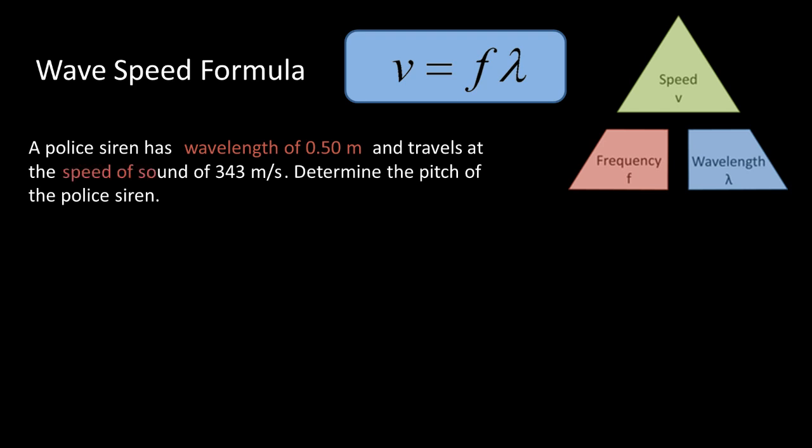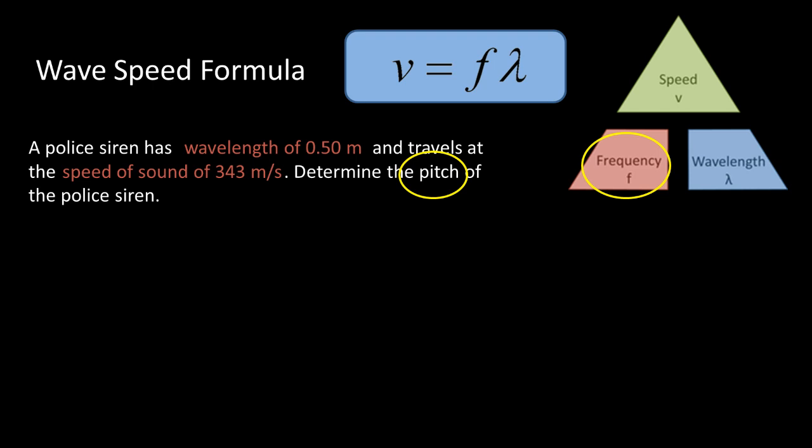We have the speed of sound, the wave speed, of 343 meters per second, and it's saying that we want to find the pitch. And if you remember from the previous video, our pitch, or how high or low the sound is, is associated with its frequency, right? The higher the frequency, the higher the pitch. The lower the frequency, the lower the pitch.